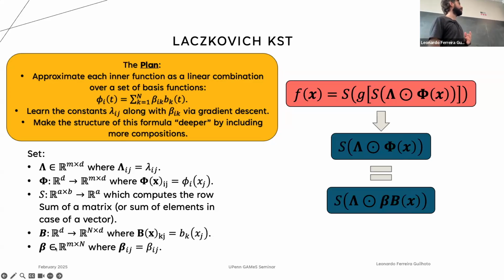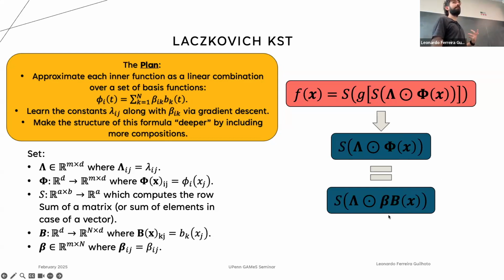And this beta is going to be another matrix that is n cross d, where the entries are beta ij. And so this same block over here, the Hadamard or element-wise product of capital lambda with the inner function expansion, reduces to this.